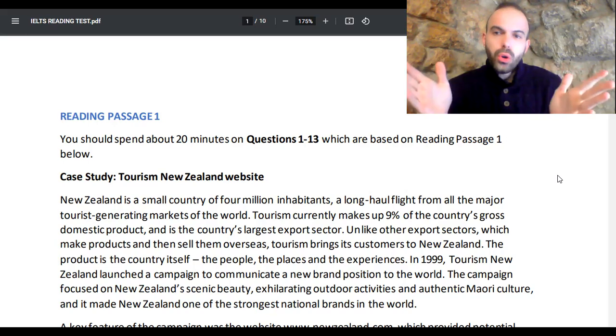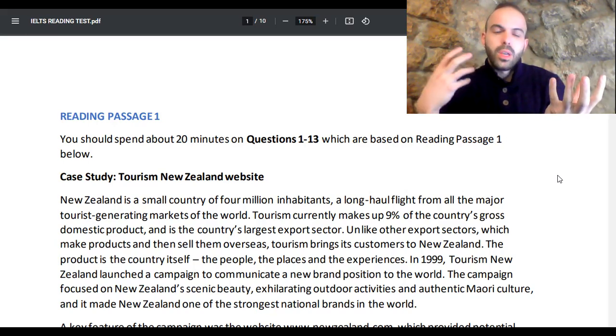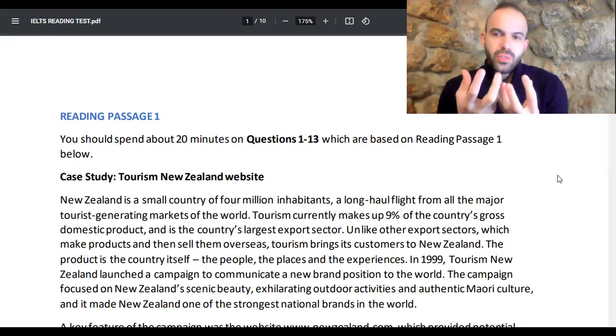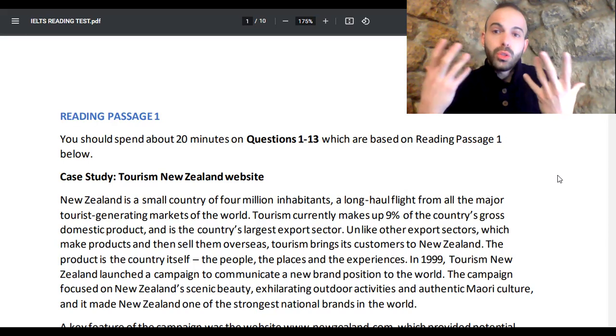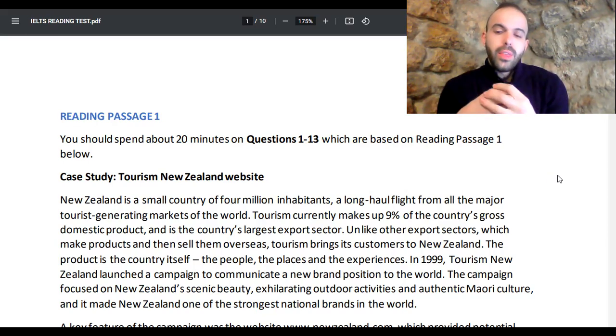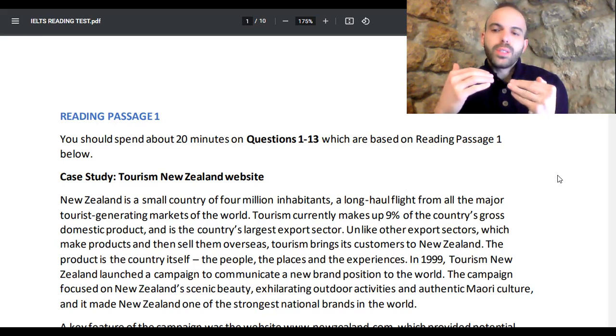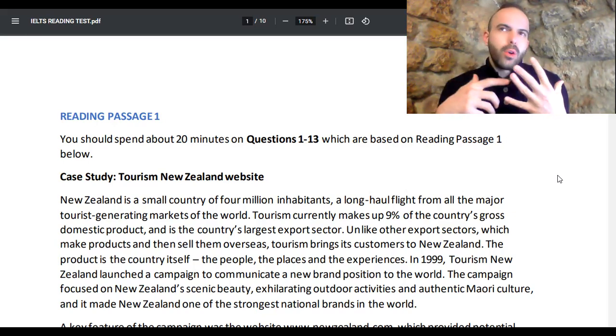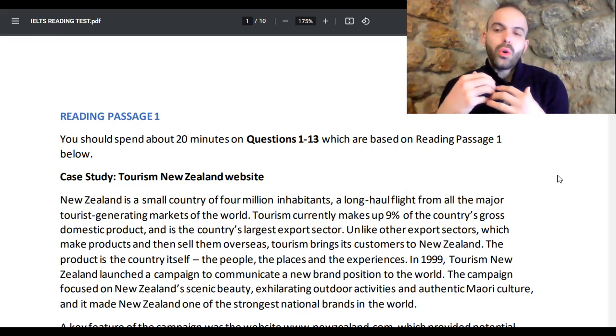So you all know that the general reading test and the academic reading test are different. You would notice that the texts or the passages in the academic test are quite academic. They could be more scientific in terms of words or sentences.